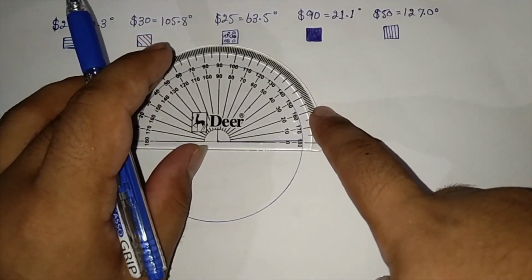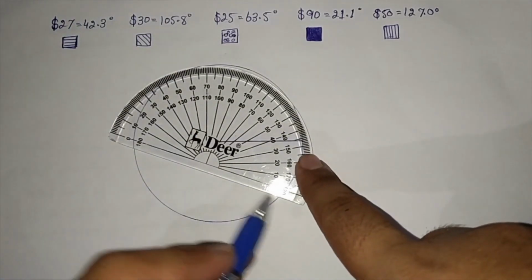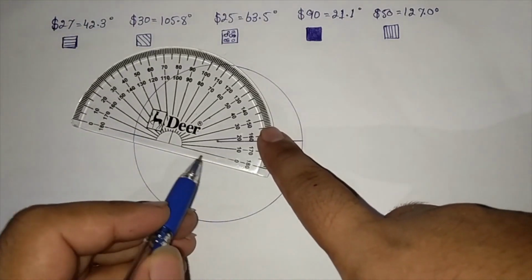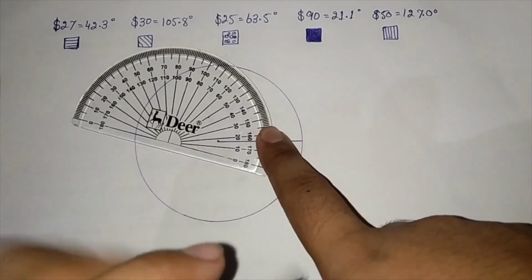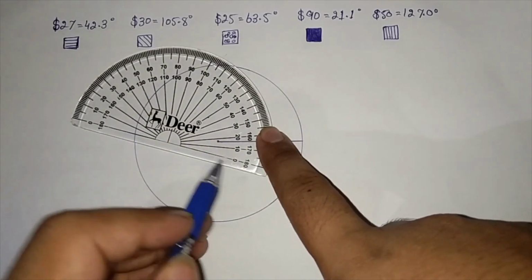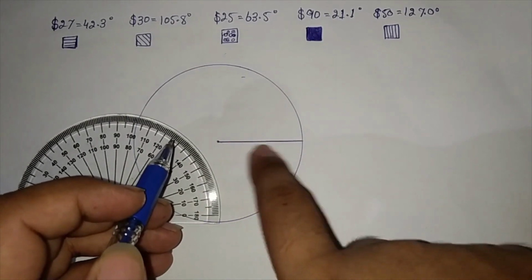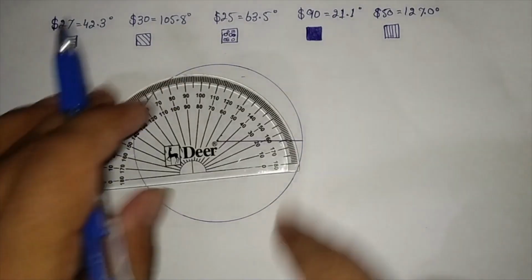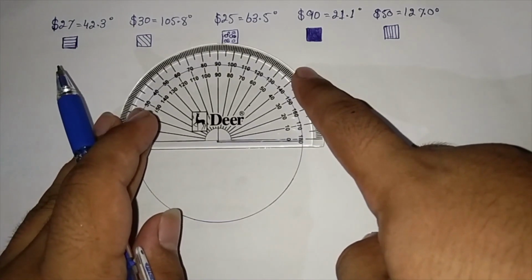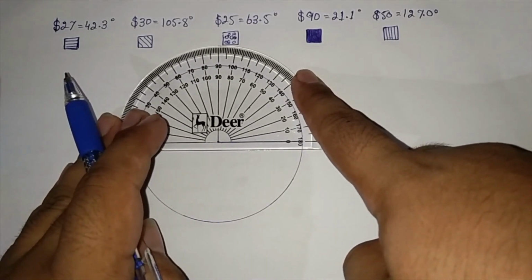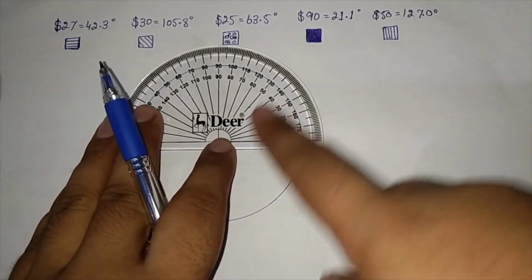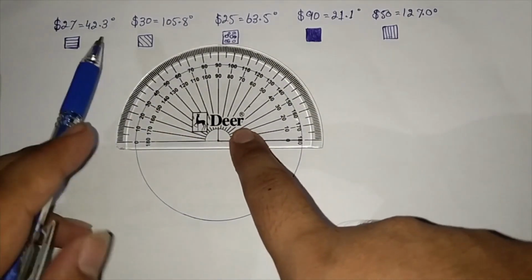I will also put this zero line of the protractor on this baseline, just like that. Clear?